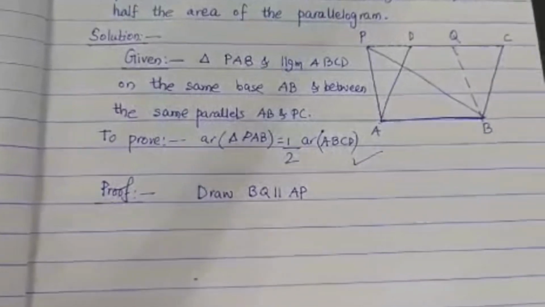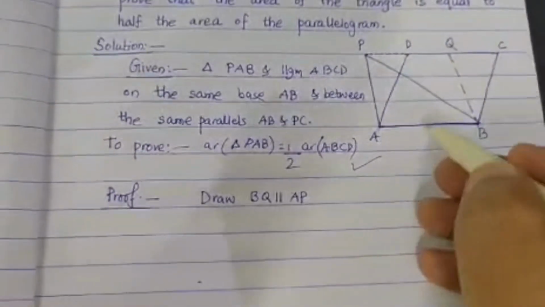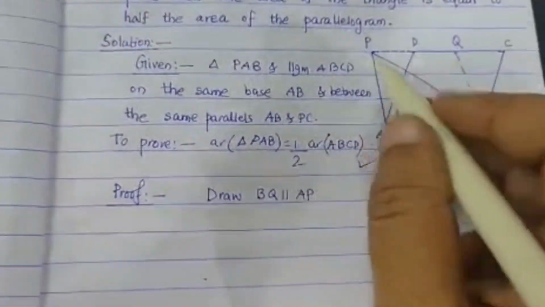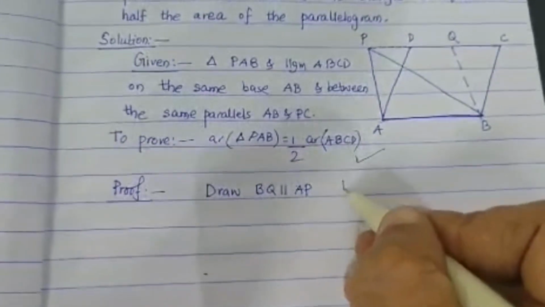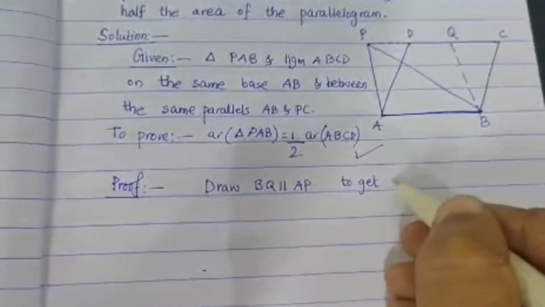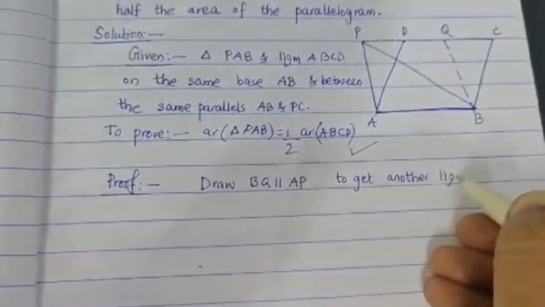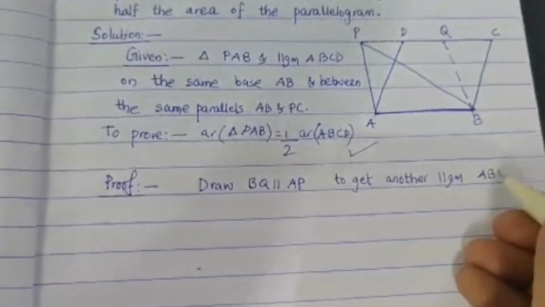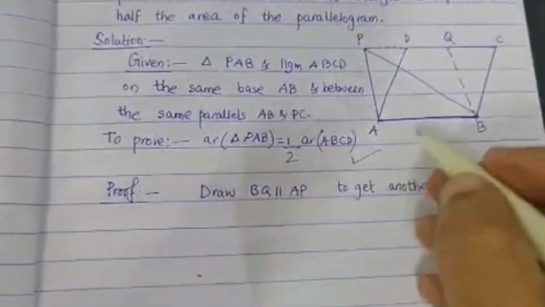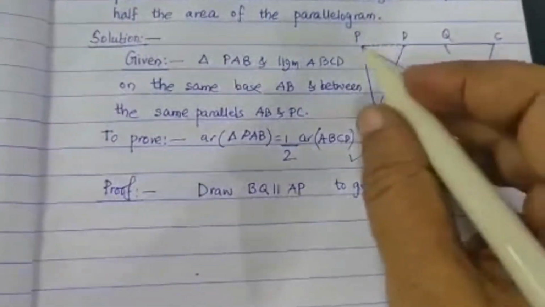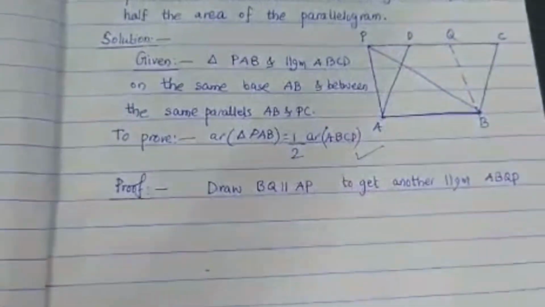Okay. BQ is parallel to AP, to get another parallelogram ABQP. If you draw this, you will find there is a parallelogram ABQP.